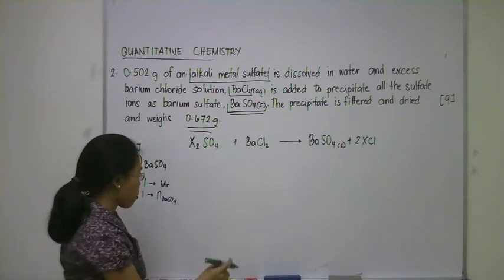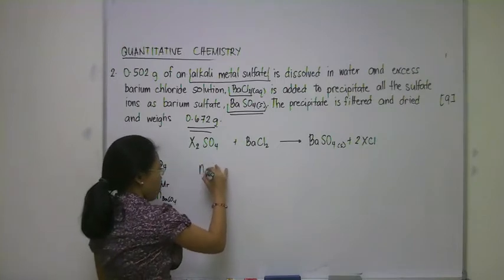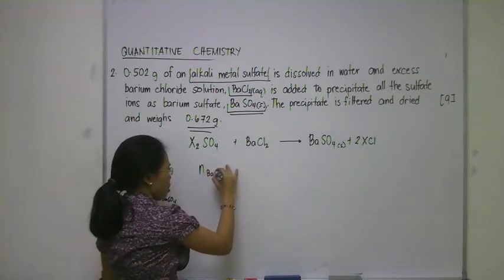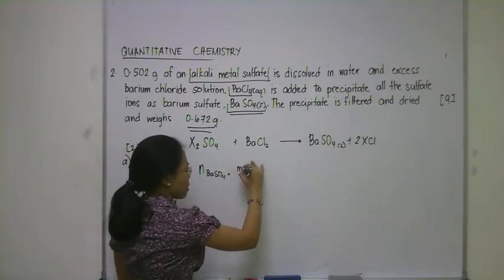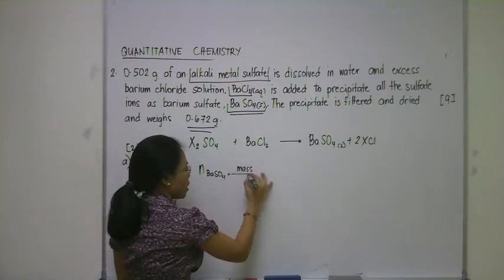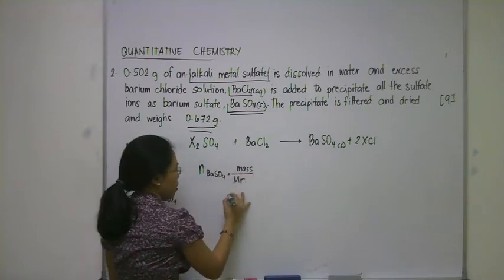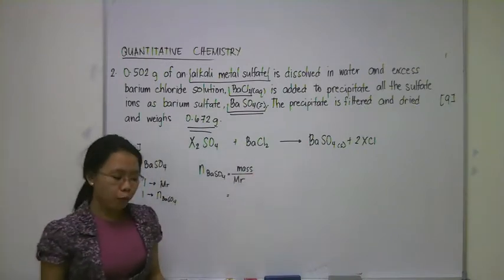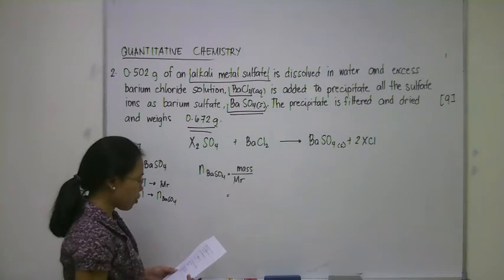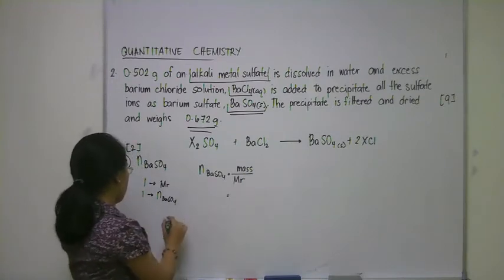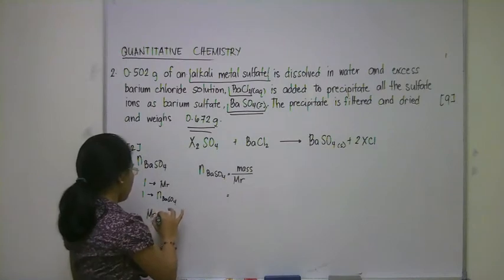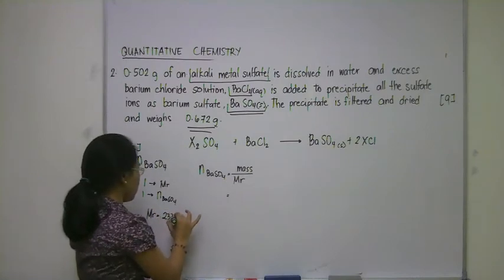So, to find the moles of barium sulfate, we need to divide the mass by the MR. The MR of barium sulfate is 233.4.